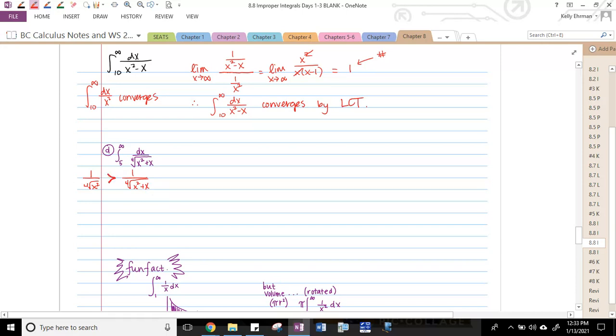Okay, so am I able to use this by direct comparison test or do I need to use limits? So let's see. The integral from 5 to infinity of 1 over 4th root of x squared, which is really just dx over x to the 1/2 down there. P is 1/2. I know that that diverges.